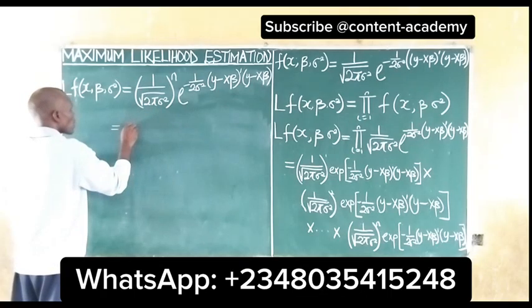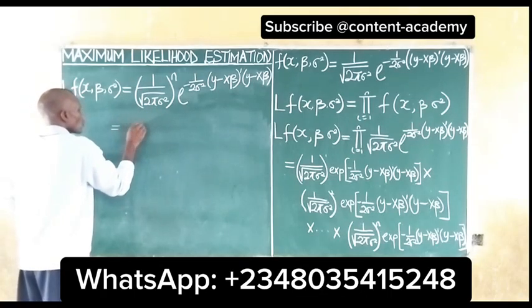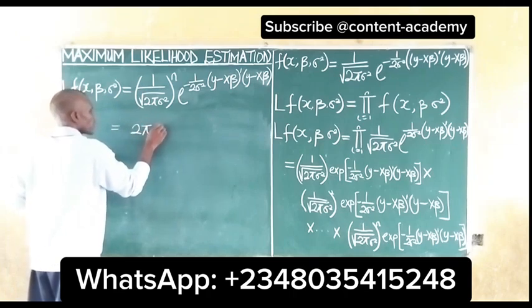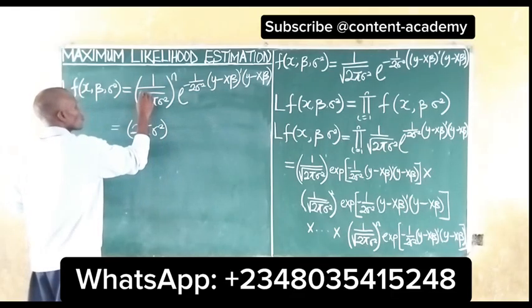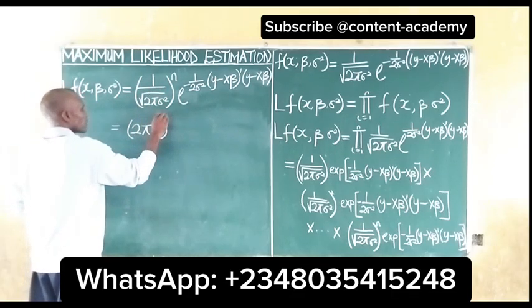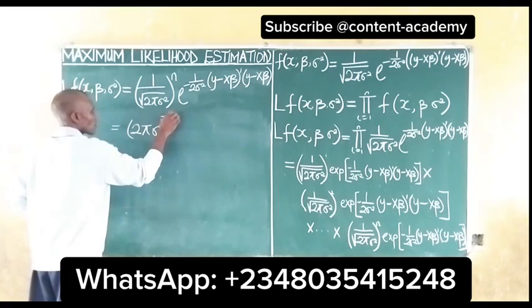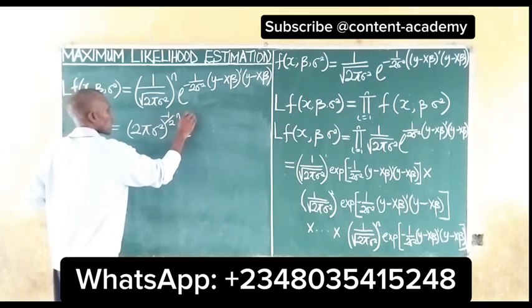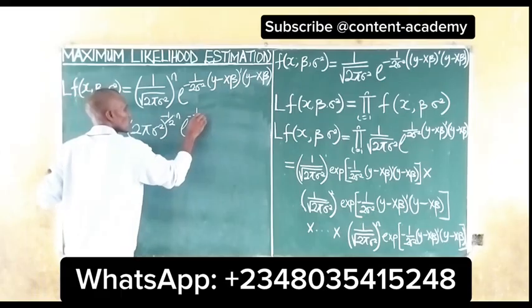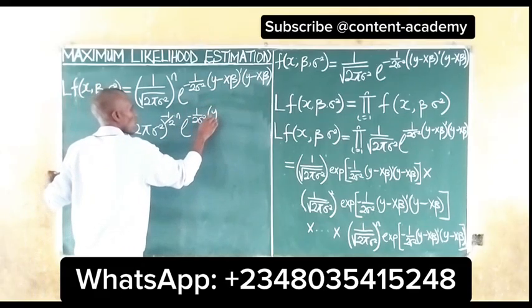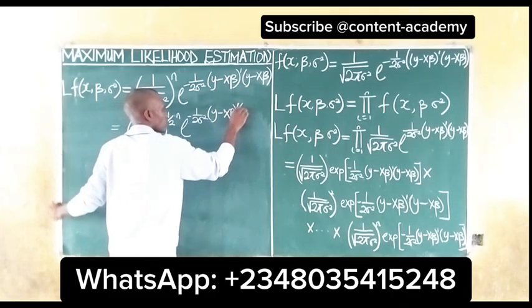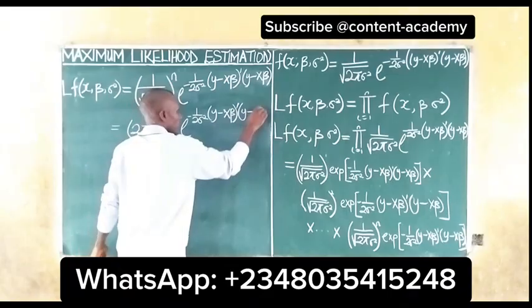If this moves over here, we'll have 2 pi sigma squared to the power of negative 1 all over 2 multiplied by n, which is exponential negative 1 all over 2 sigma squared y minus x beta transpose and y minus x beta.